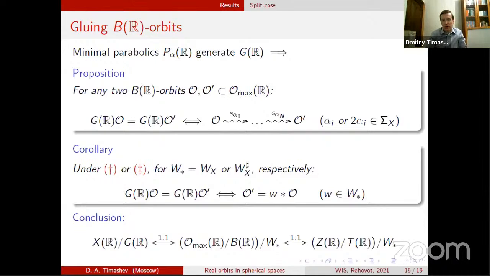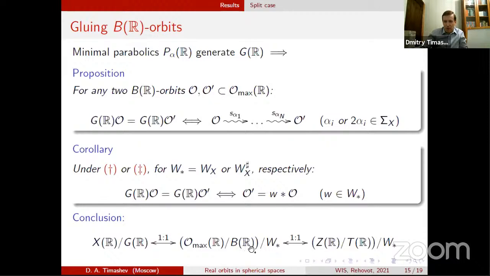Actually, it can be proved that you may just take a point, a representative in the slice, and apply a real element in the normalizer of T corresponding to this W. Then you may go out of the slice, of course. It may happen that you go out of the slice. But it can be proved that you are still in the same Borel orbit, in the same B(R) orbit.